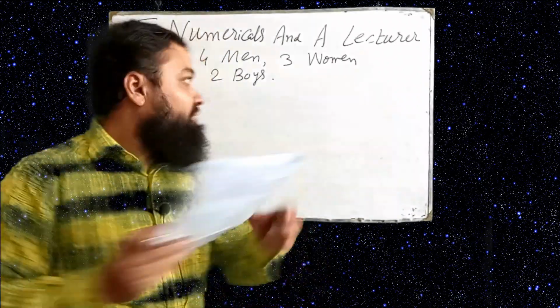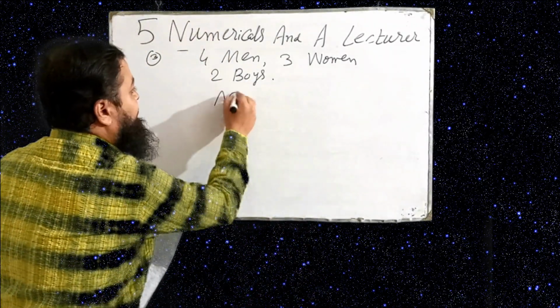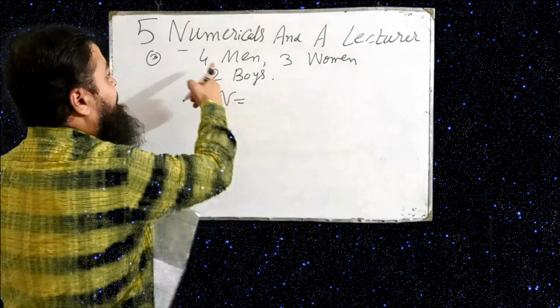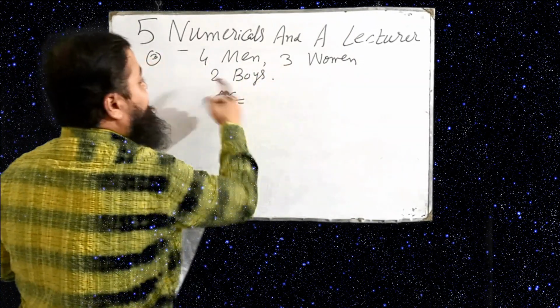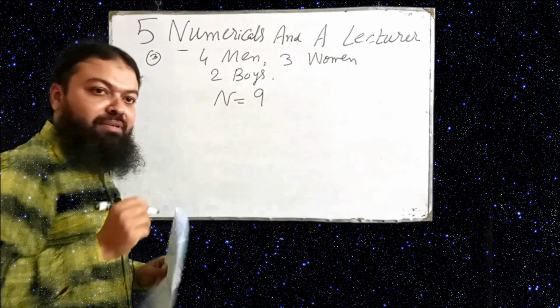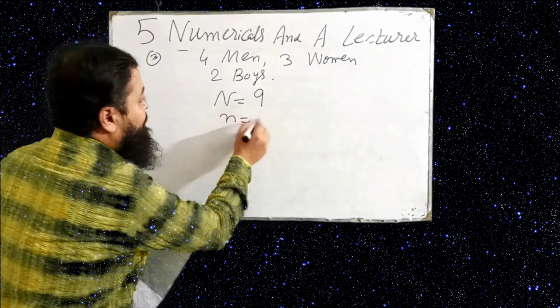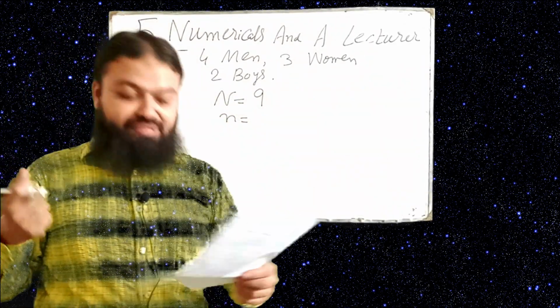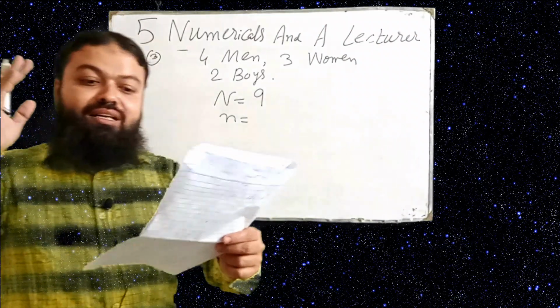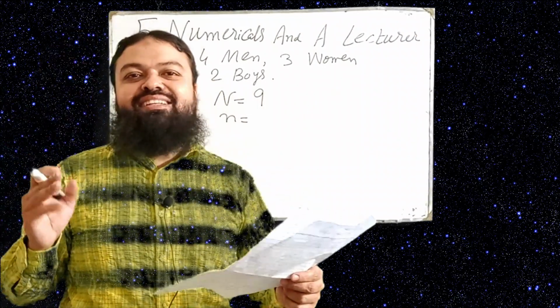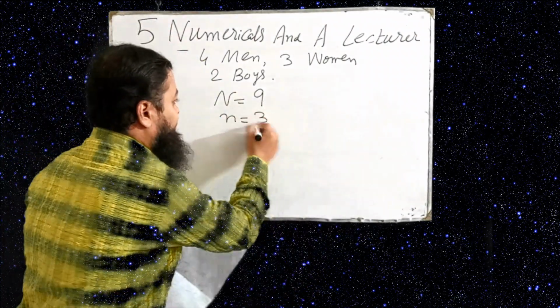Dear students, first of all I will tell you capital N, the total number of people: 4 plus 3 is 7, 7 plus 2 is 9, it is capital N, and small n shows the selected number of items, and they are saying in the question 3 persons are selected. It means small n is 3.